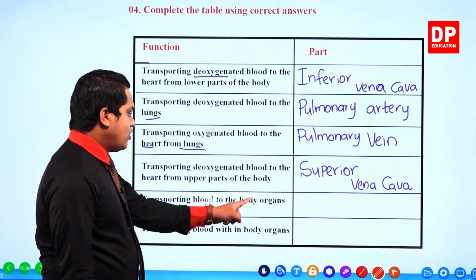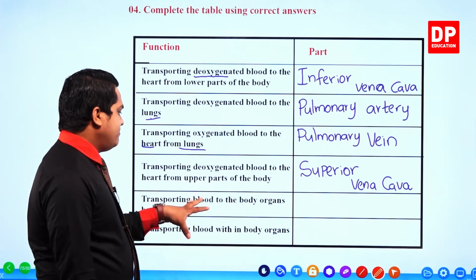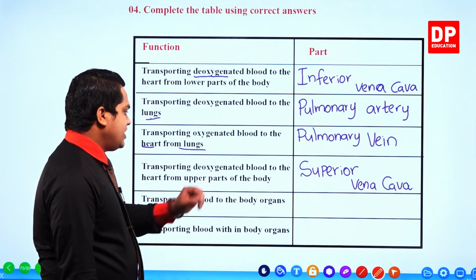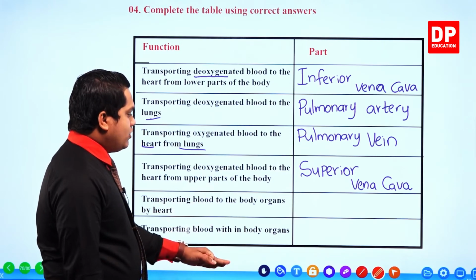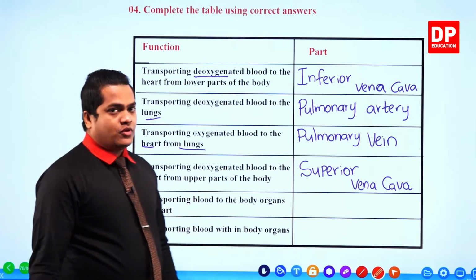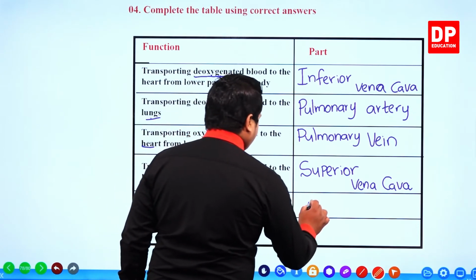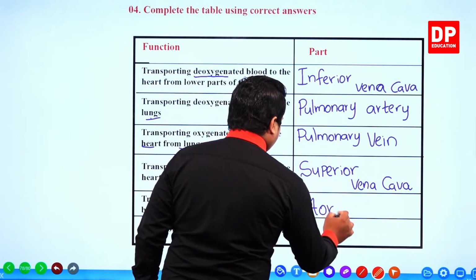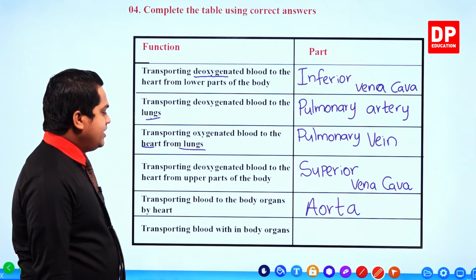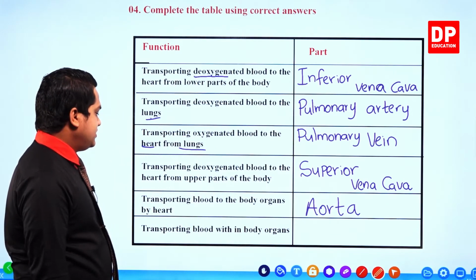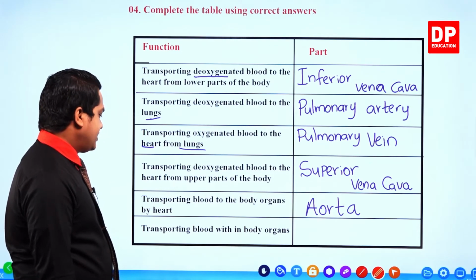Transporting blood to the body organs by heart. So, to the body organs, blood is transported through aorta, right? Transporting blood to the body organs by heart is done by aorta.